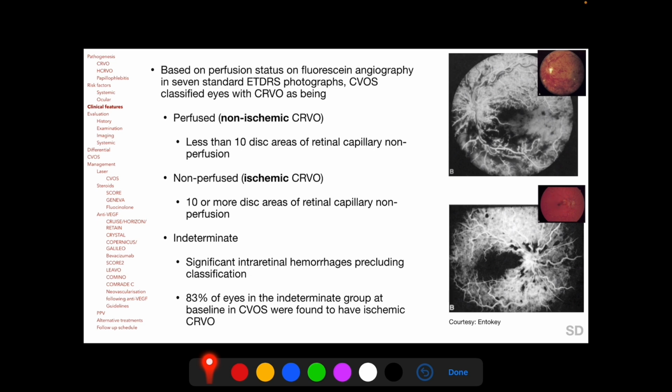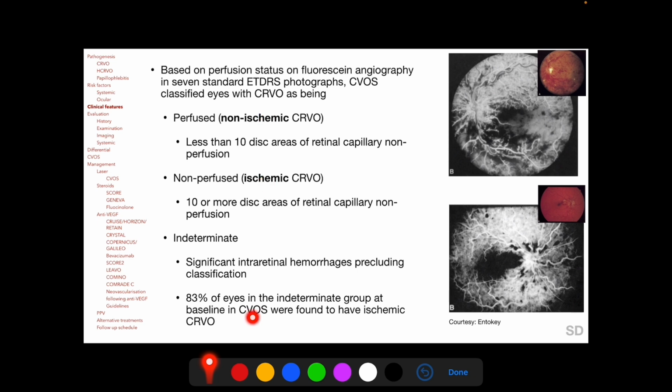Eyes with non-perfused or ischemic CRVO have 10 or more disc areas of retinal capillary non-perfusion, as seen here in this angiogram. And eyes labeled as indeterminate usually have significant intraretinal hemorrhages causing blocked fluorescence, precluding assessment of capillary perfusion, and so also precluding classification into these two types.